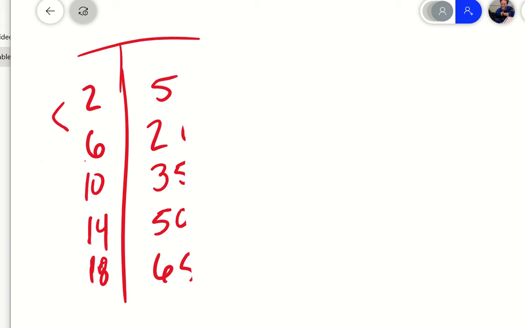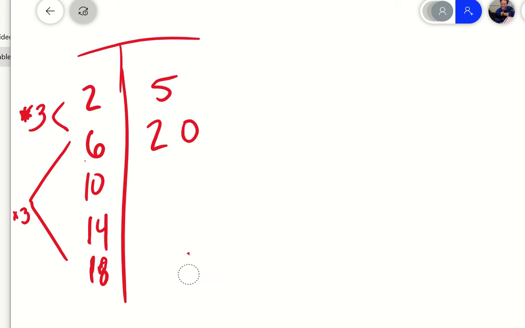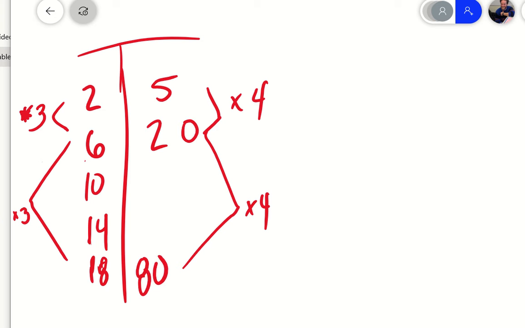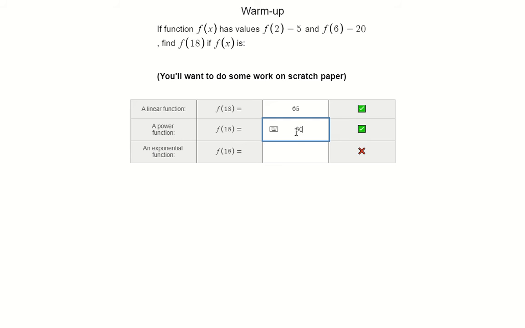Well, that's a pretty nice jump: 2 times 3 being 6 and 6 times 3 being 18. And then on this side, this was 20. These are different. So then we really only have one more jump. We just need to figure out what we're multiplying by here. 5 times what is 20? That's 4. So 20 times 4 is going to be 80. So then we're going to go over here, and this is 80.